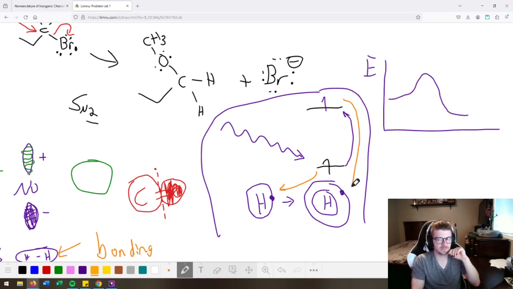So if this is the ground state where this electron is in the lowest lying orbital that it can be, then this process is exciting it into a higher energy orbital.